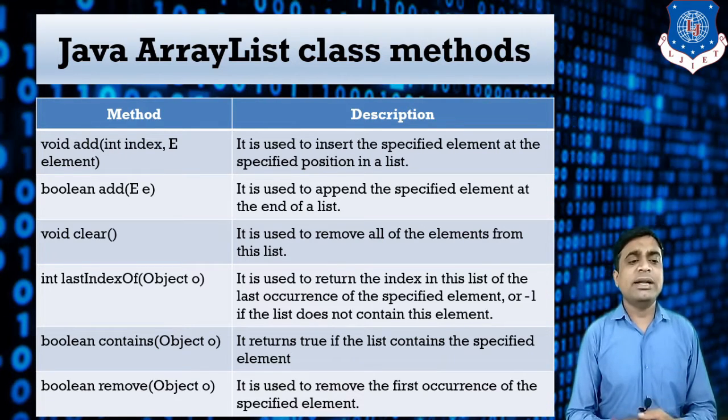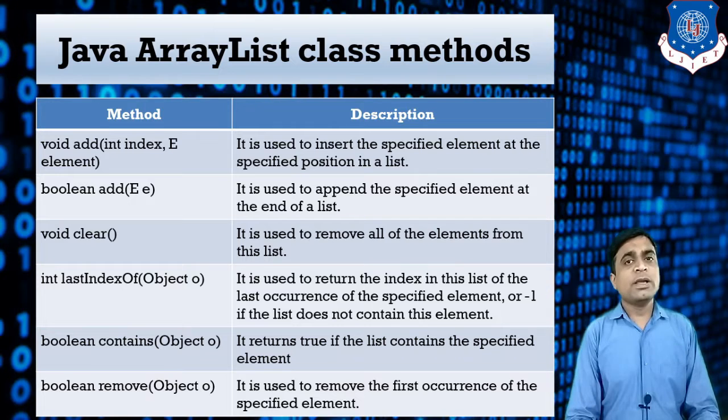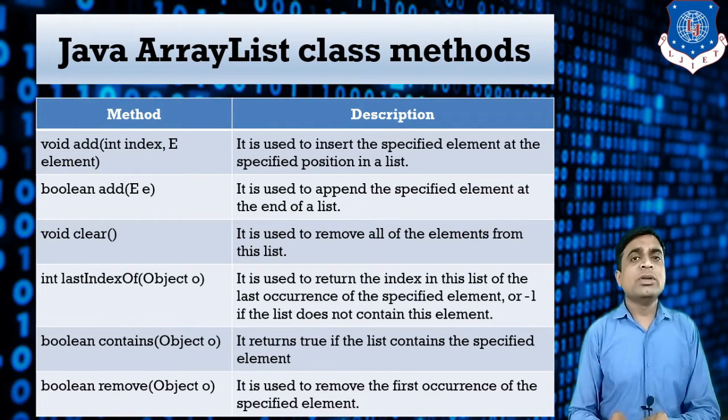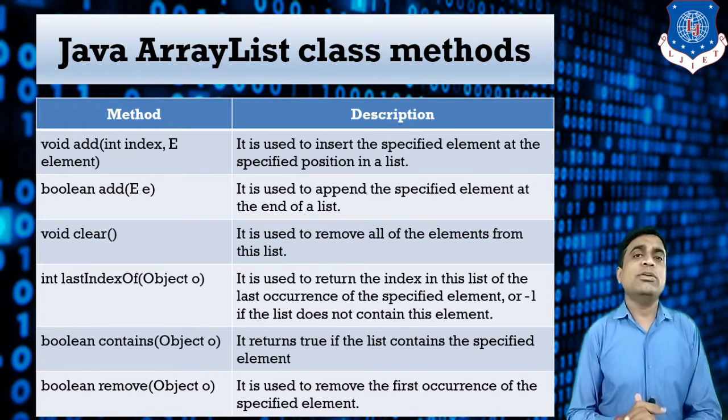The next one appends the specific element at the end of the list. Normally, if you are using only add, the element is added at the end of the list.